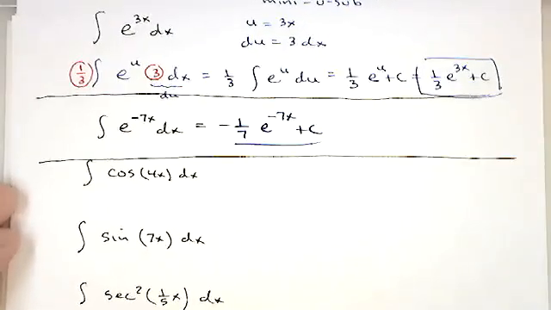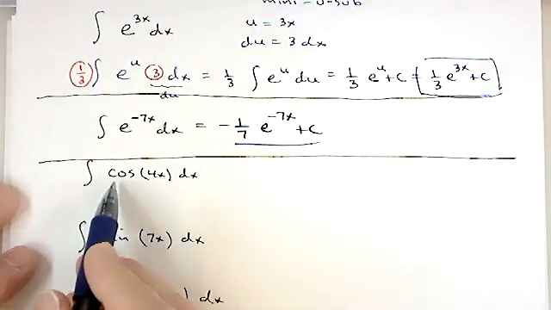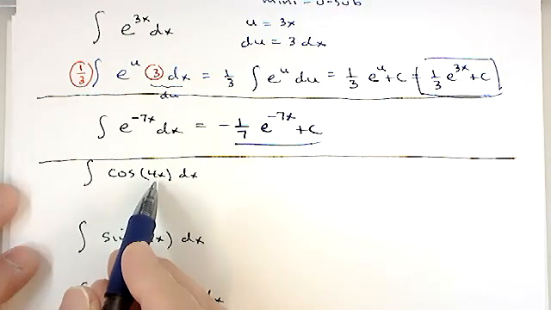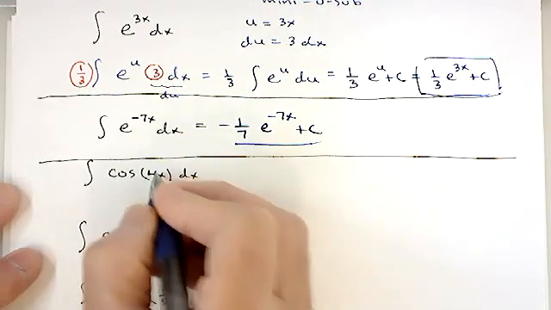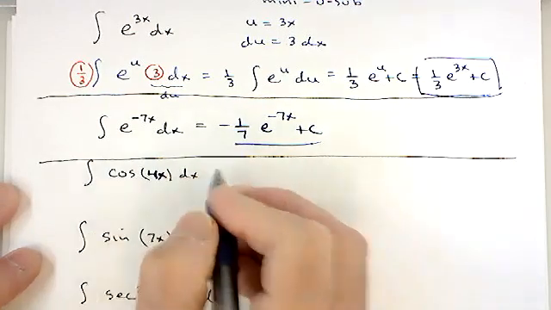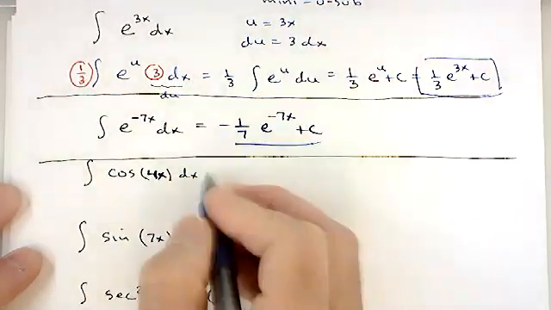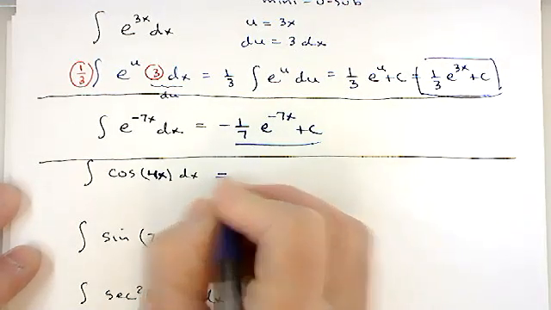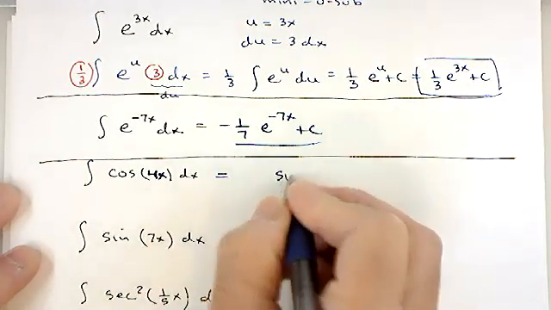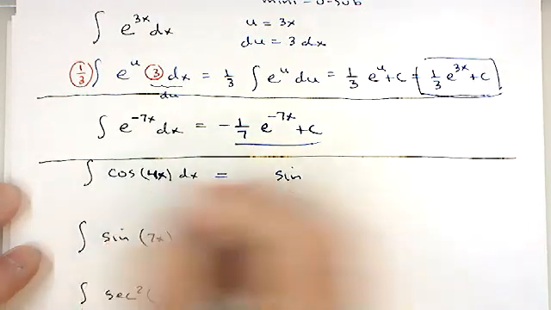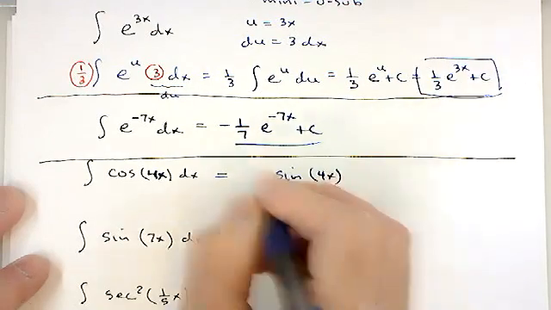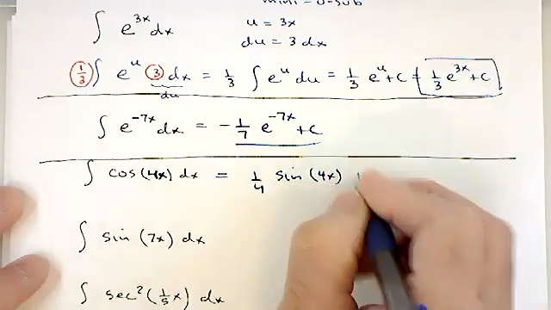It doesn't just have to be e. We know the antiderivative of cosine of regular x is just sine of x. So if it's just a constant times x, I could do the whole mini u sub and let u equal 4x and do the du and all that stuff, but it's just going to come out to be, if the antiderivative of cosine of x is sine of x, sine of 4x with a 1/4 out in front.